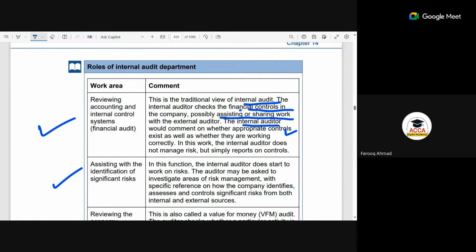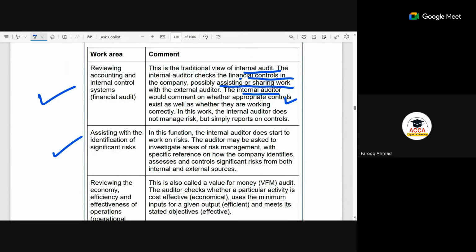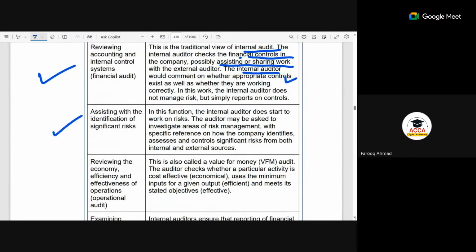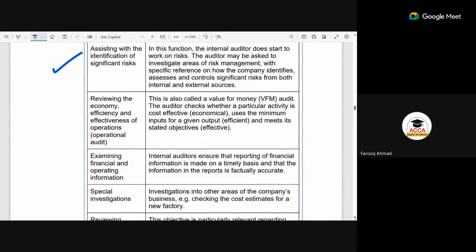Internal audit would comment whether appropriate controls exist, test whether these controls function, and then report to the external auditor if we need any opinion in this regard. Assisting with the identification, reviewing all these processes, so it will also be easier.